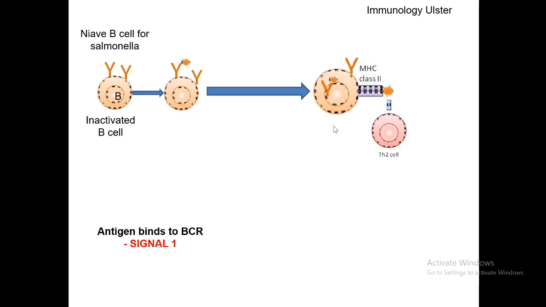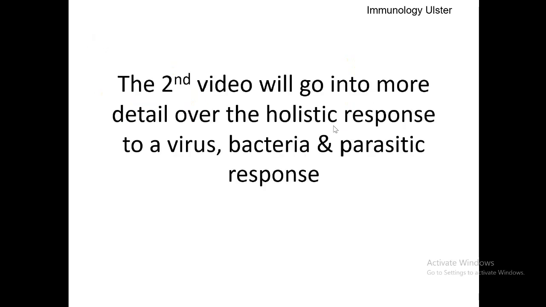It will then provide signal 2 to the B cell by expressing CD40 ligand, which will interact with CD40, which is expressed by the B cell. That is what gives the B cell the second signal for activation: CD40 associated with CD40 ligand. And that is basically how you activate a B cell.